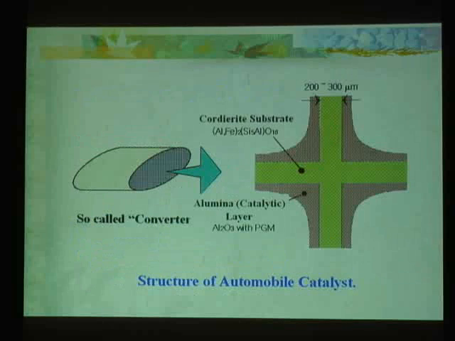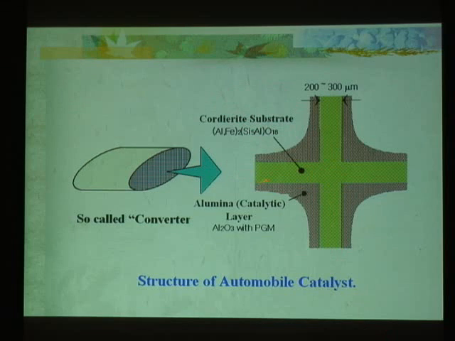Okay, this is one example. One of our research works is to recover precious metals, platinum group metals, from the catalytic converter. This is the diagram of the converter in a polished section.